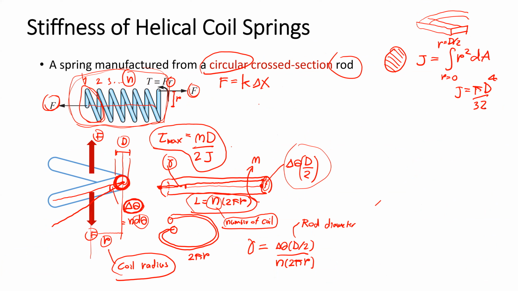So what I'm going to say is the shear modulus is equal to the shear stress divided by the shear strain. The stress is moment multiplied by d and divided by 2J.